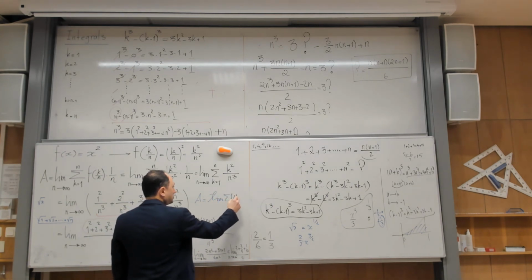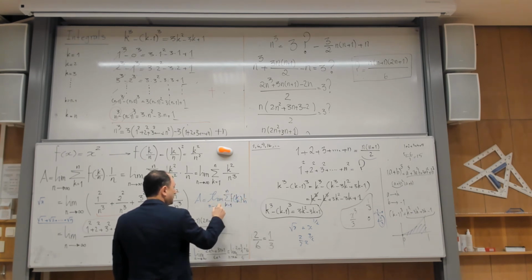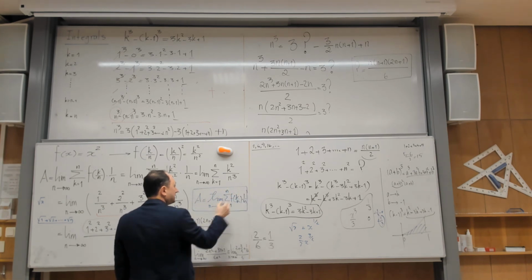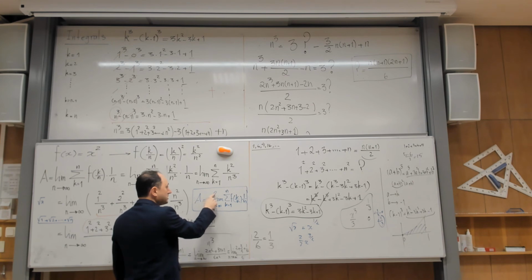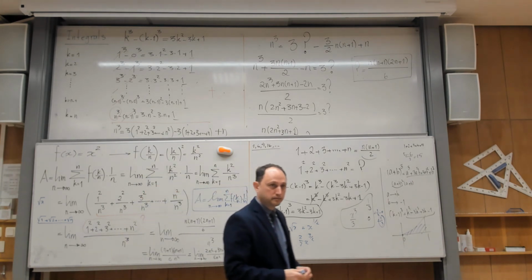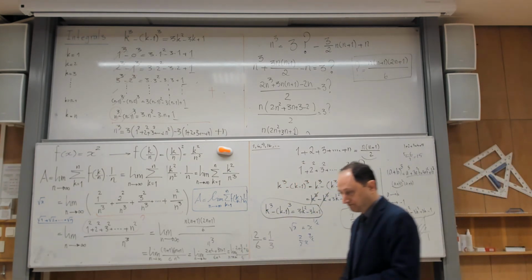If you don't have any objections, then we don't have any fights. The only thing that I want you to learn from all these calculations is that this formula is reasonable, for the area. That's it. Any questions? Goodbye.